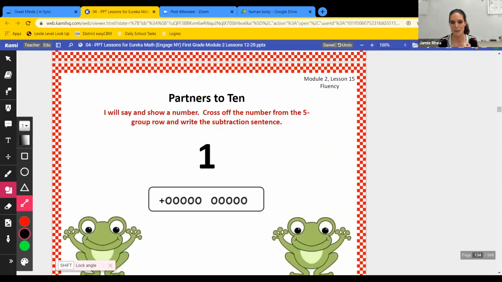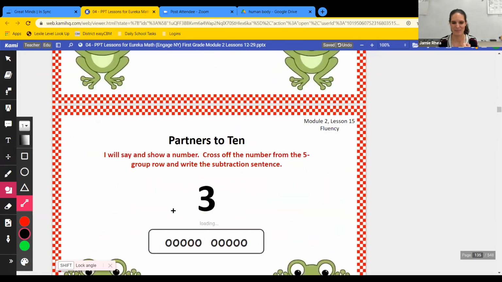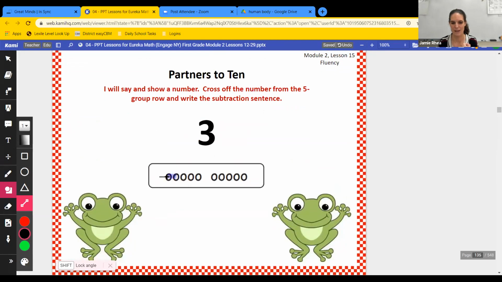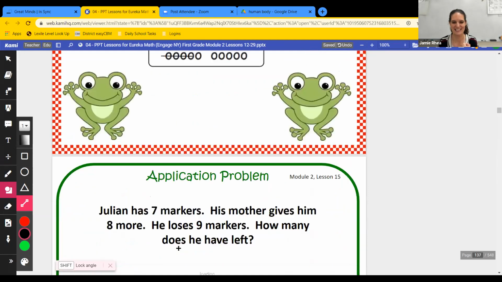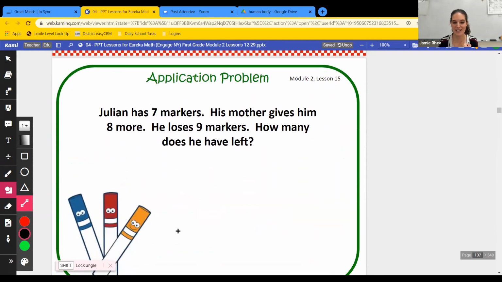Ooh, 10 minus 1 gives me 9. 10 minus 3, whoa, went too far, minus 3, 7. 10 minus 4, 6. And now we're ready for our application problem.